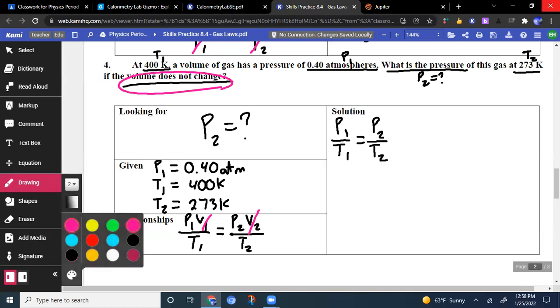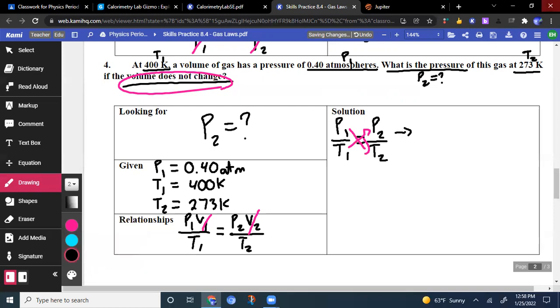Now, in order to change this from a fraction proportional looking equation, we're going to cross multiply. P1 times T2 equals T1 times P2. P1 times T2, that would be this cross product here, equals P2 times T1, which would be this cross product here.